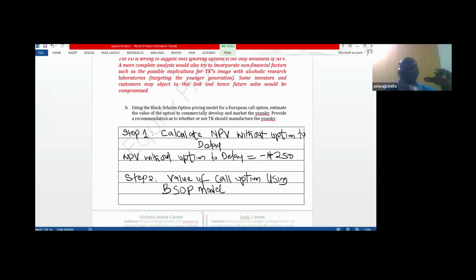Using the Black Scholes option pricing model, estimate the value of the option to commercially develop and market the Yankee. You have estimated that. That gave us 367.24 million. And that's a positive sign.